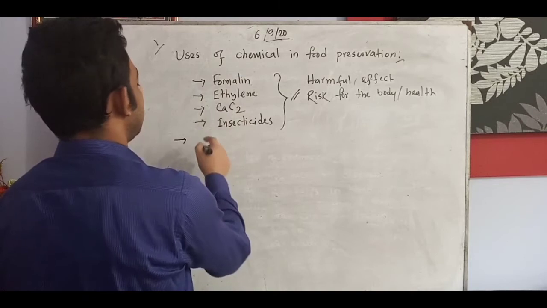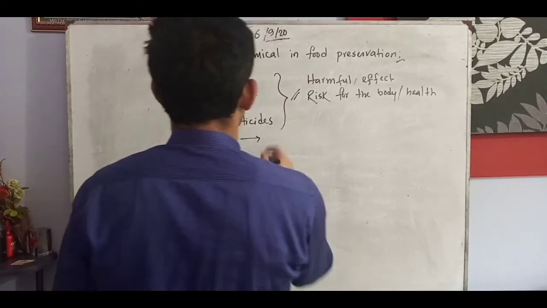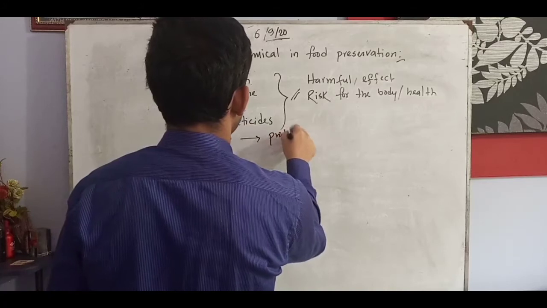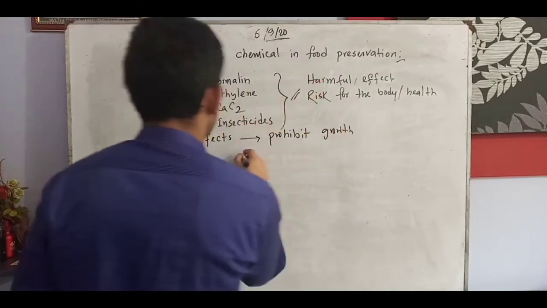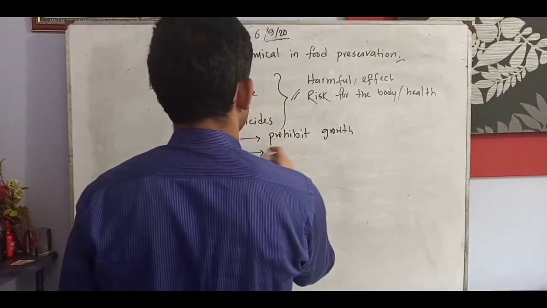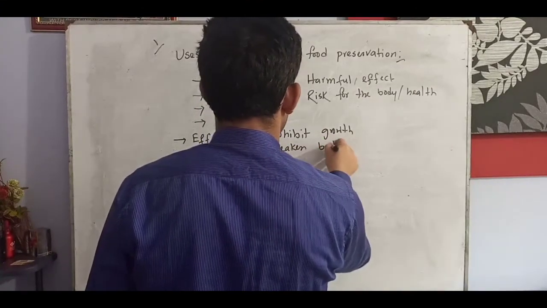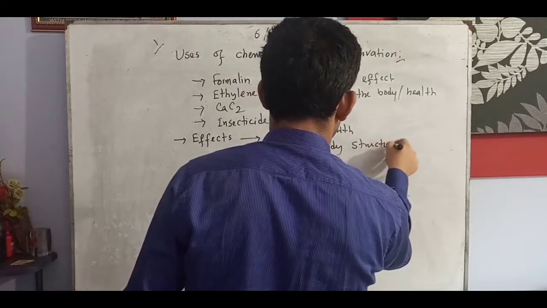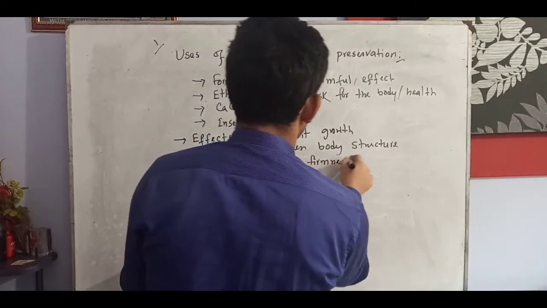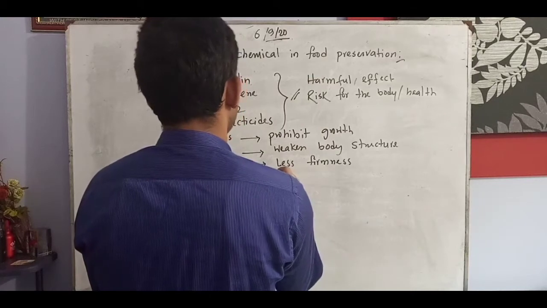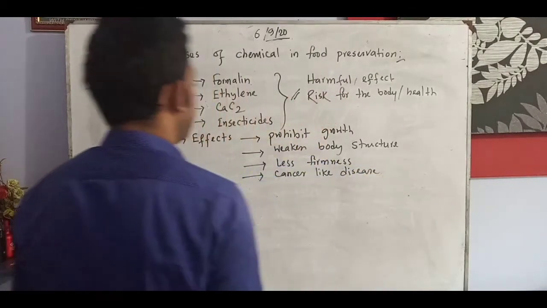The effects of the chemicals: prohibit growth, then weaken body structure, less firmness, and even cancer-like disease can be implied here.